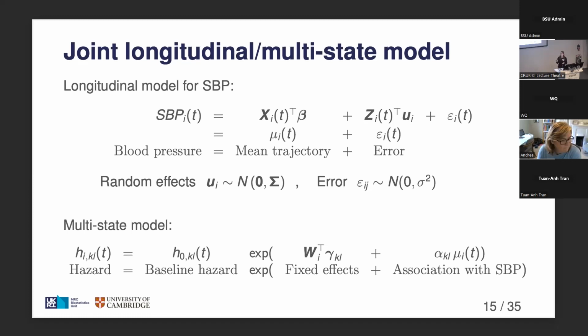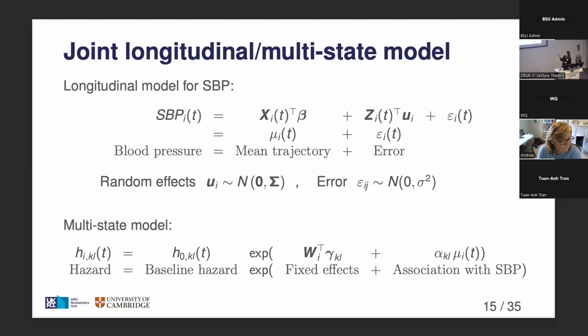And then for the multi-state model, this baseline hazard, I should say, is the hazard for individual i to transition from state k to state l in the model. It assumes a proportional hazards model with a Weibull baseline, and then proportionally dependent on the fixed effects.